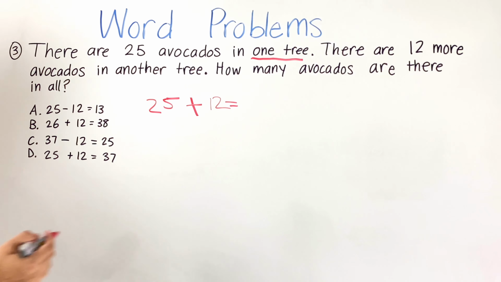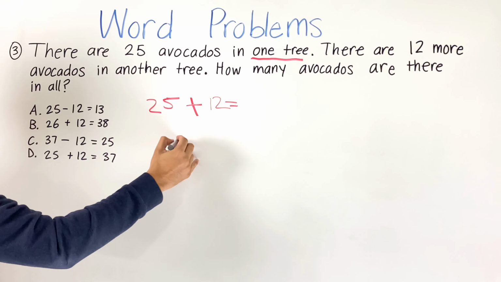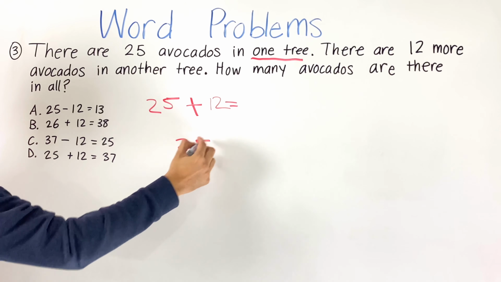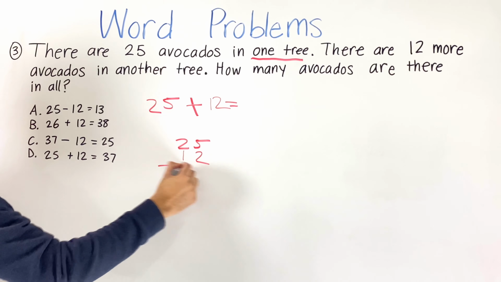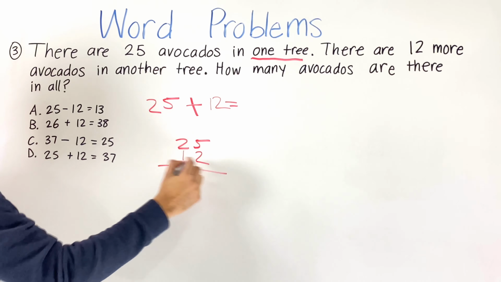So here I'm just going to do it fast for you, and like I said, if you need help, you can look at the other videos on adding 2 digits by 2 digits. So 5 plus 2 is 7, and 2 plus 1 is 3, okay? So 25 plus 12 equals 37, okay?